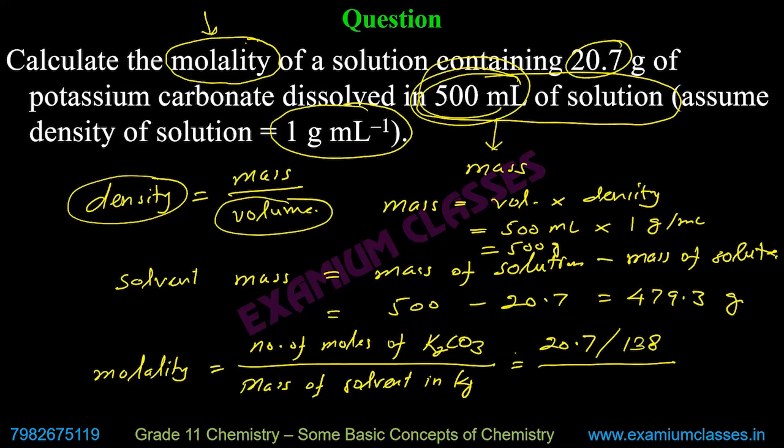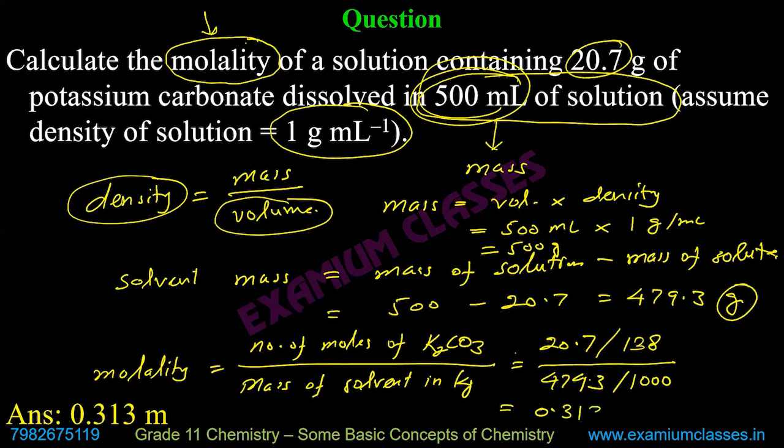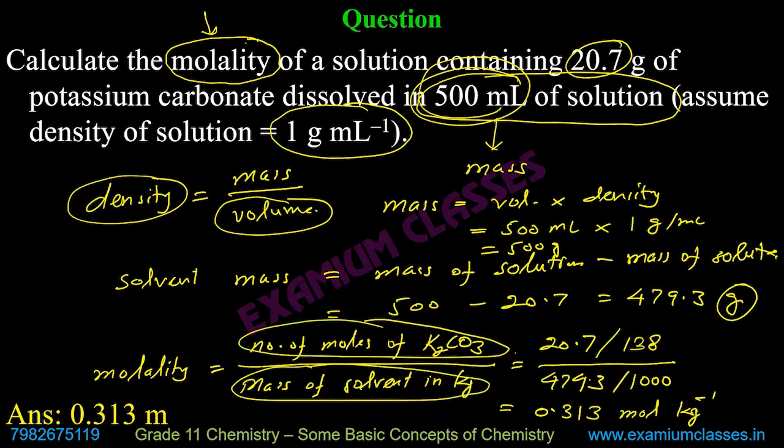Given mass upon molar mass, and mass of solvent in kg will be 479.3 divided by 1000, because it is in grams and you have to convert it into kilograms. When you solve this, you will get 0.313. Either you say small m, which is the unit of molality, indicating that this is molality, or you can write mole per kg. In the numerator you have moles, in the denominator you have mass in kg, so mole per kg is the unit.